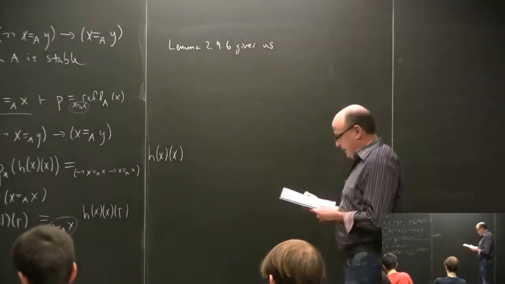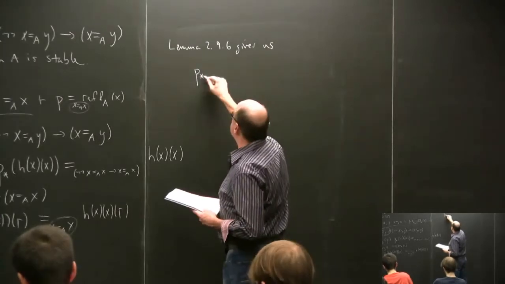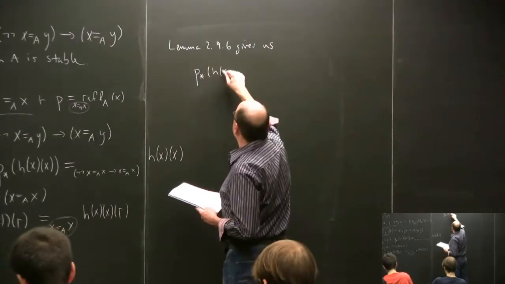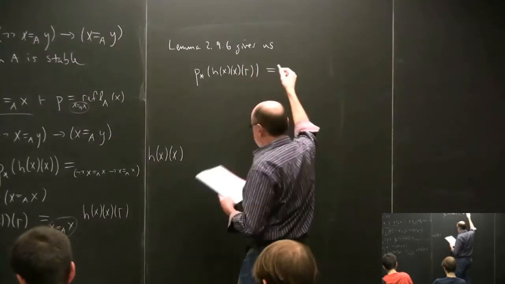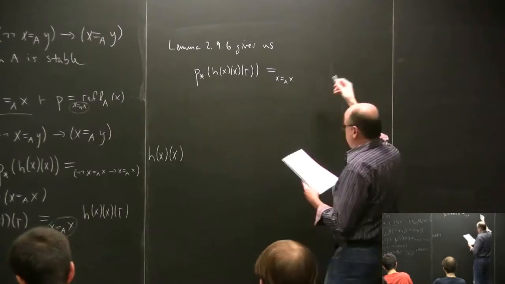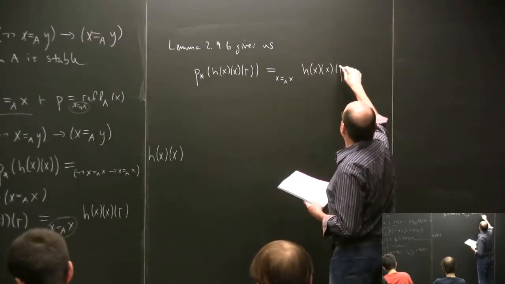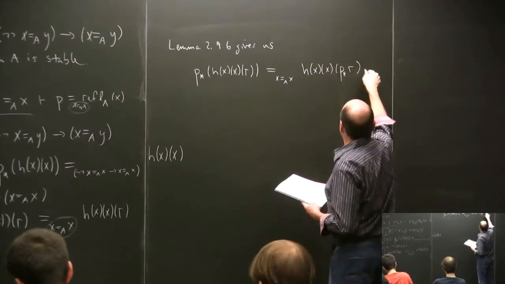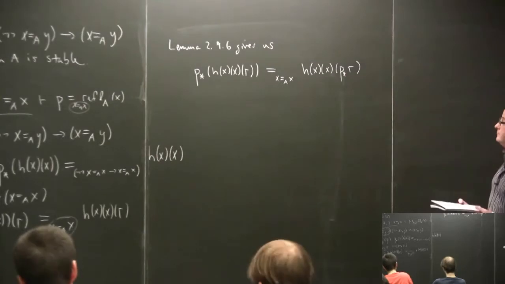It gives the following condition, which says that p star of h of x and r is in the appropriate type, which in this case can be written like this: h of x p lower star r. So there's a technical lemma in here.